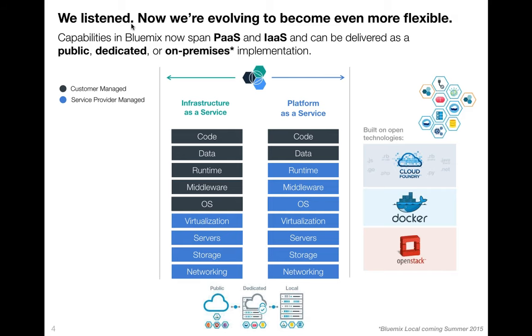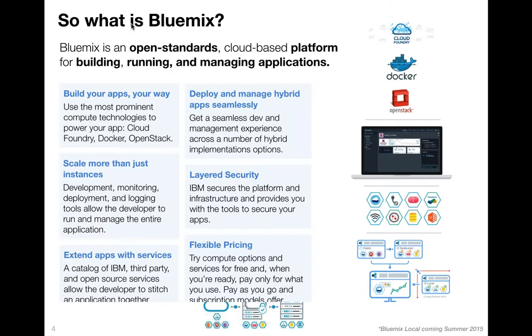When I started with Bluemix almost a year ago now, we started out as your typical public platform as a service. What is platform as a service? If we imagine IT as it used to be, we have the complete stack from networking over the hardware, to the virtualization layer, up to the operating system, middleware, runtime, until we actually have our application running on that. That's the full stack.